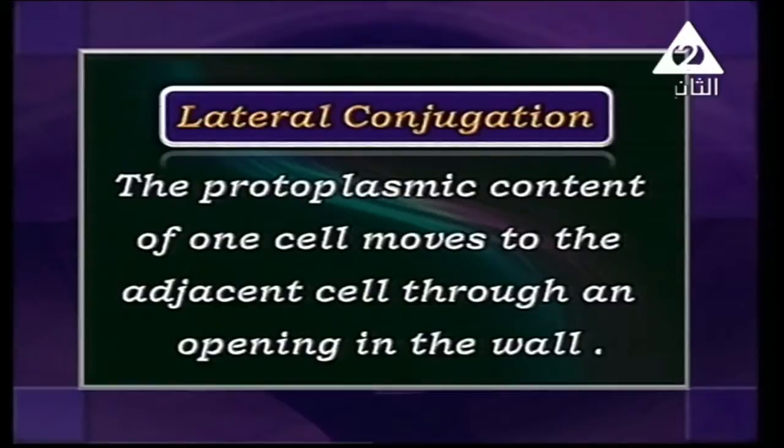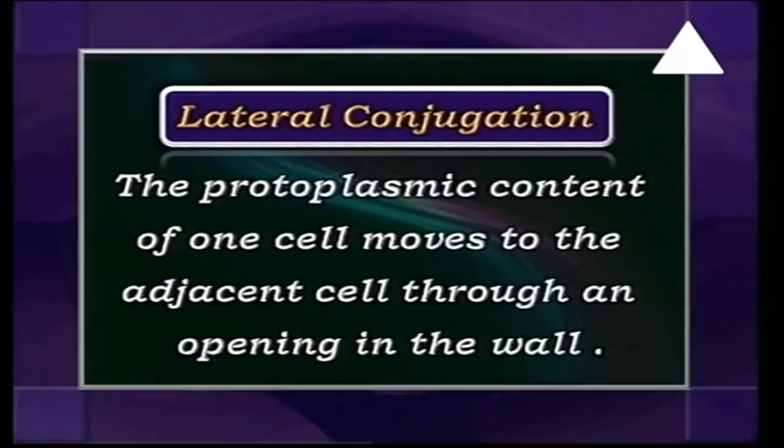The protoplasmic content of one cell moves to the adjacent cell through an opening in the wall. The wall between them disappears, as in the previous type, scleriform conjugation, and a sphere forms, the same sequence, but instead of two filaments, it happens in the same filament between two cells.